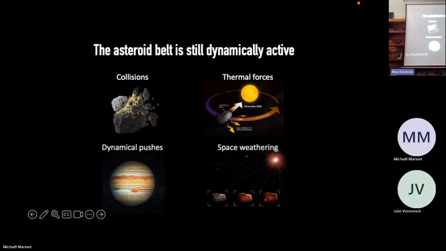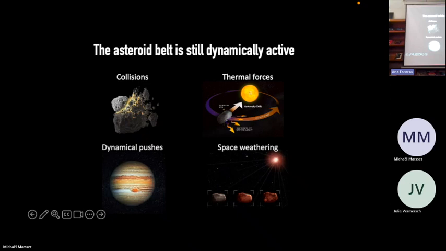Then we have dynamical pushes during close encounters between small bodies in the asteroid belt, or with planets: Mars, and especially Jupiter and Saturn. And then we have space weathering. Space weathering is a very general term that groups a range of physical mechanisms that alter the surface composition of small bodies. That can be irradiation, bombardment by solar wind, or micrometeorite bombardment, and in many different ways it can alter the surface of asteroids.